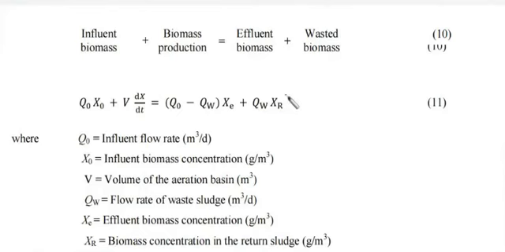What is the biomass concentration in the return sludge? So with the help of this equation number 10, we can write this equation in a mathematical form. Just remember this equation. How do we get this? First draw the diagram, write down the terms in it, and from that you can easily write down this equation. Here it is given what the meaning of it is.